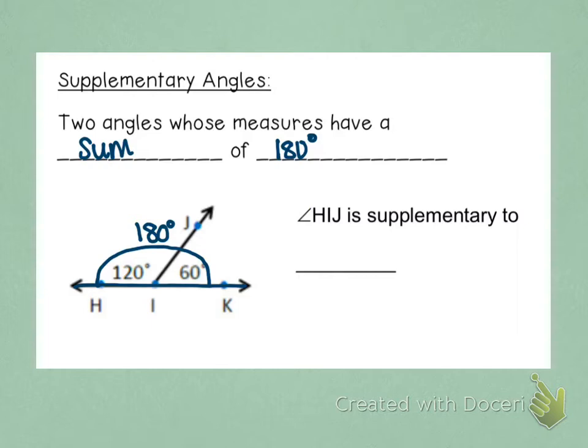So angle HIJ, that's H, I, J, where the two lines meet at I is the vertex. HIJ is supplementary to the other angle we have here, which is JIK. We see that JIK is 60 degrees. So angle HIJ is supplementary to angle JIK.